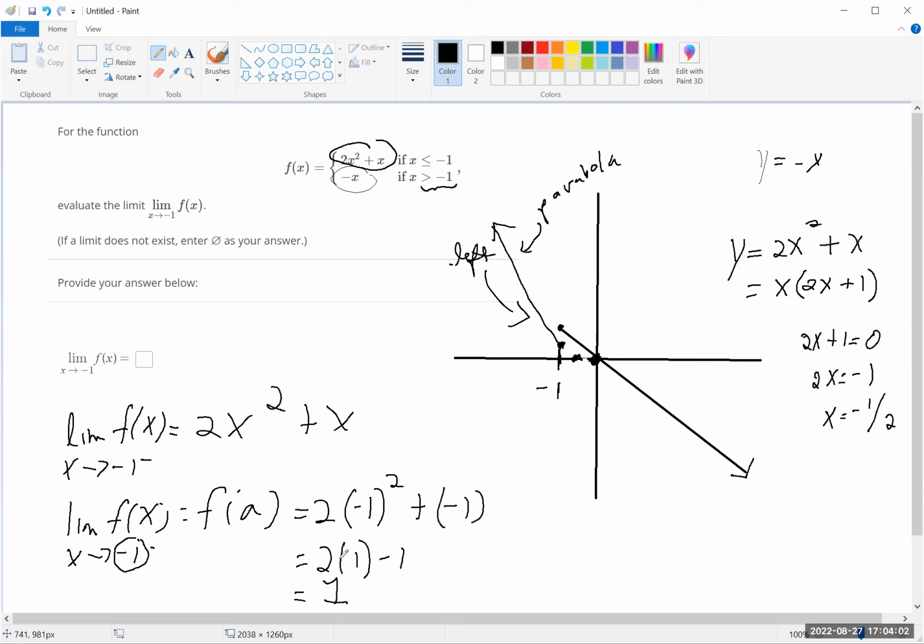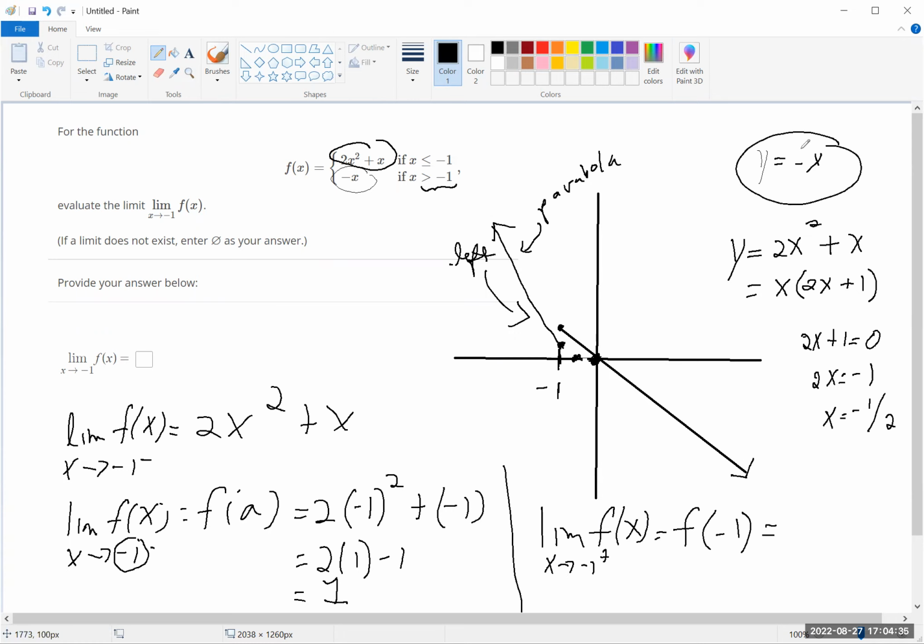It's always good to double check. All right, so I'm beginning to think that maybe my picture is not as accurate as I would have liked it to be, but that's okay. Now the limit of f of x as x approaches negative 1 from the right, instead of using a like I did over here, I'm just going to plug in the negative 1, and using the appropriate piece, that means I use the right side.